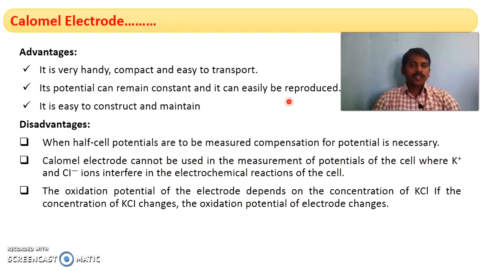Why? Because calomel electrode contains KCl, it involves potassium and chloride ions. So during determination of electrode potential of other electrode, K plus and Cl minus ions should not be involved. This is another disadvantage of calomel electrode.